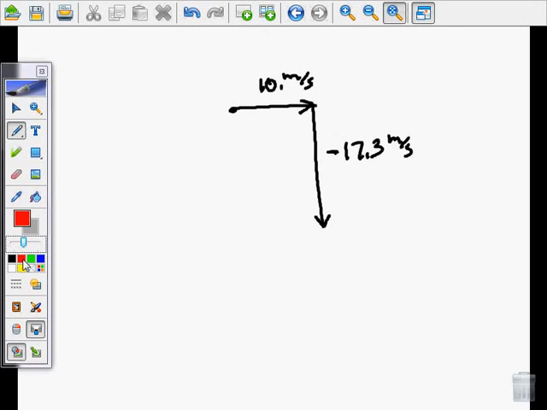Notice I don't put this triangle in the horizontal or vertical column, because now I'm breaking out of that mold and combining the two motions to find the resultant velocity. So this is the total final velocity. This is the final velocity in the x direction, and this is the final velocity in the y direction.